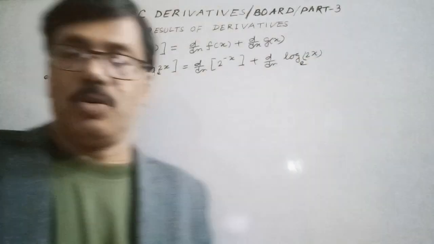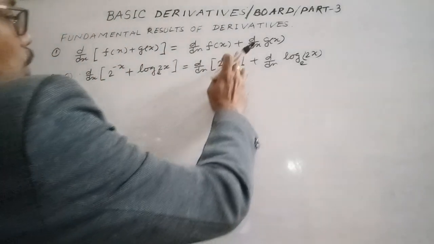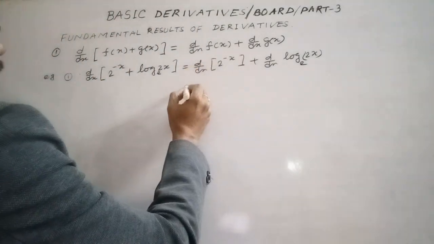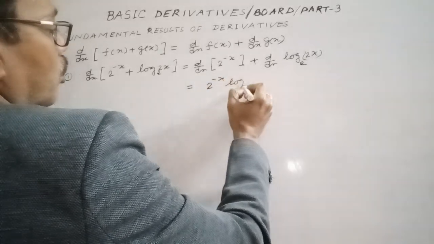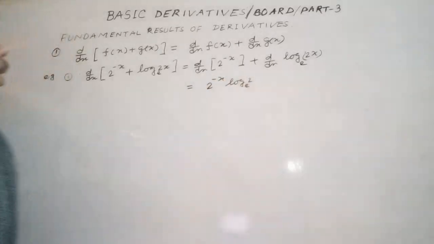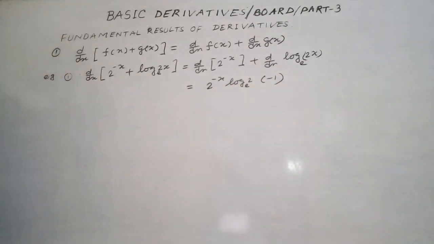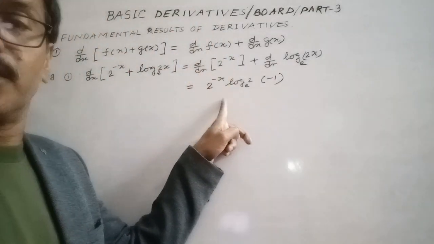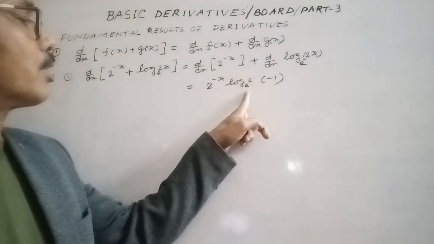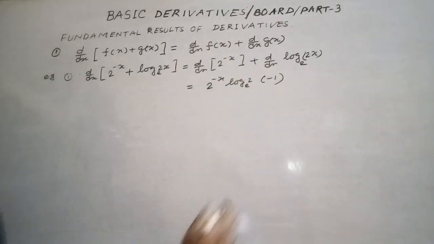Now we know the derivative of a to the power x. With the help of this, we can write 2 to the power minus x into log 2 base e into the coefficient of x. Mind it, the derivative of 2 to the power minus x is 2 to the power minus x into log 2 into the coefficient of x, that is minus 1.